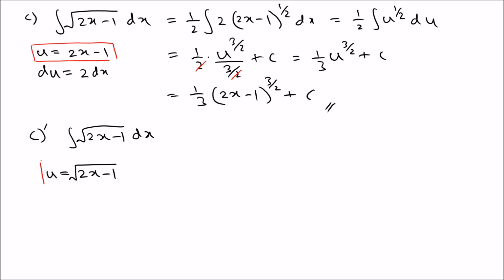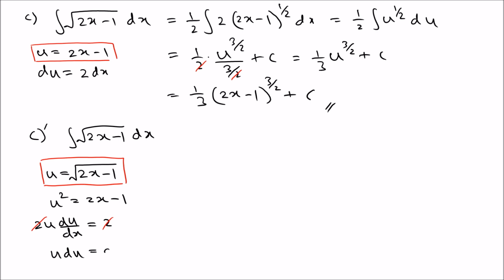It's not obvious, but we're going to square. So u squared equals 2x minus 1. Now we take the derivative. Once you take the derivative, because of the chain rule, on this side you get 2u du over dx equal to 2. Actually you can cancel 2, and multiply, so you get u du equals dx.